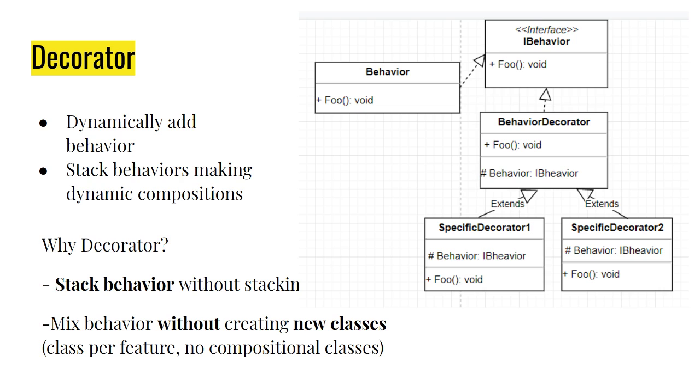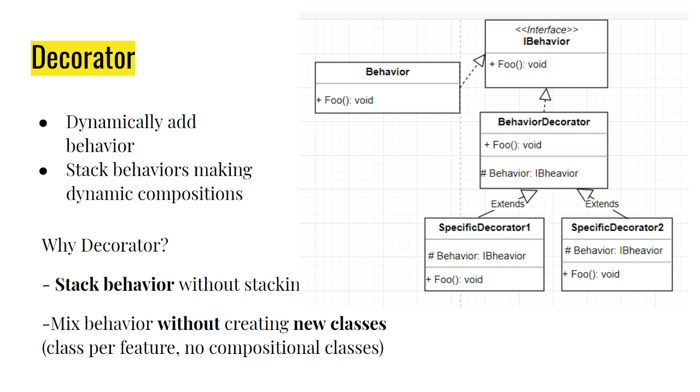best practices. Decorator. Decorator is magic in my opinion. Decorator is a great pattern because you have a behavior which can be added dynamically. You see, you have a behavior which derives from some interface and a decorator which can decorate such behavior, and specific decorators which decorate those behaviors specifically, each in their own way.